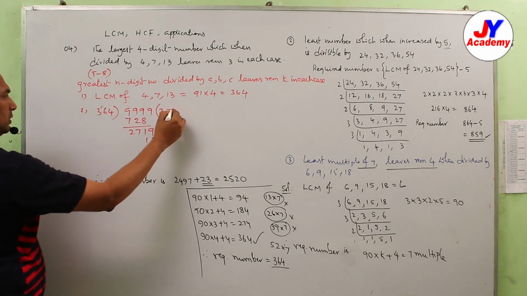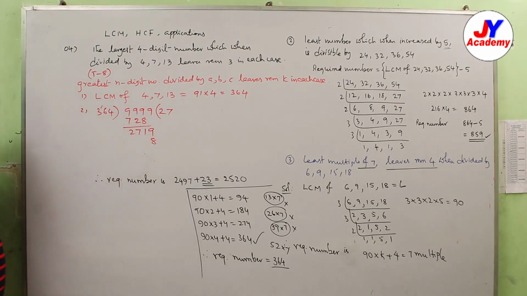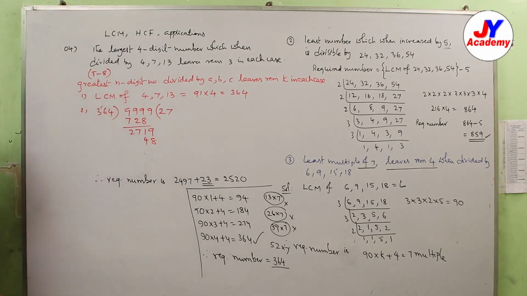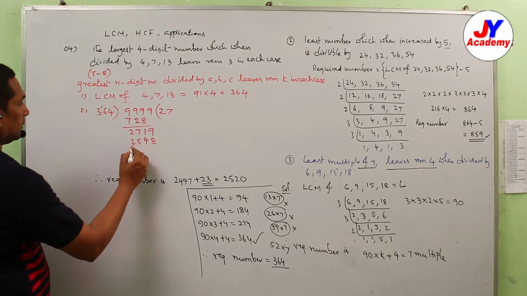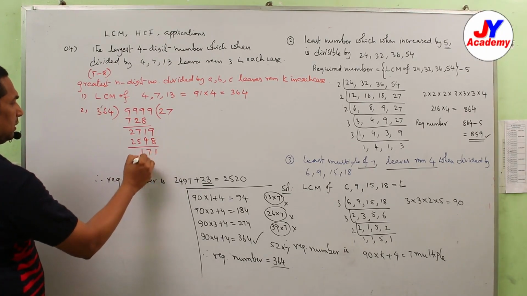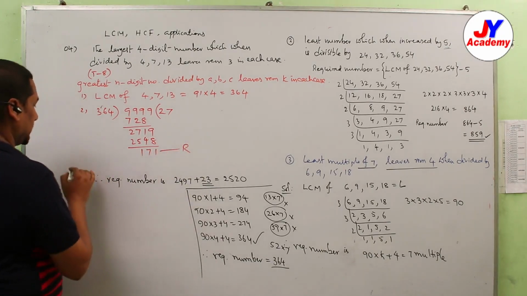So 7s will take 28, 2, 42, 2, 44, 4, 21, 4, 25. So what is the remainder here? 1, 7, 1. That's the remainder. So let it be R.